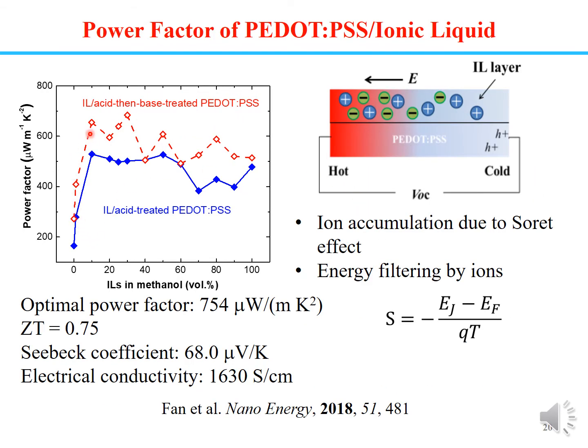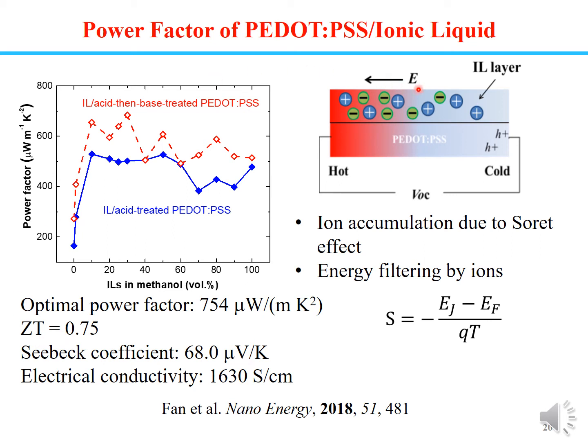This is the power factor. The optimal power factor is 350 microwatt per meter per K squared. The corresponding Seebeck coefficient is 68 microvolt per K, and the conductivity is 1630 Siemens per centimeter. We also measured the thermal conductivity. Then we found that the ZT value is 0.75.